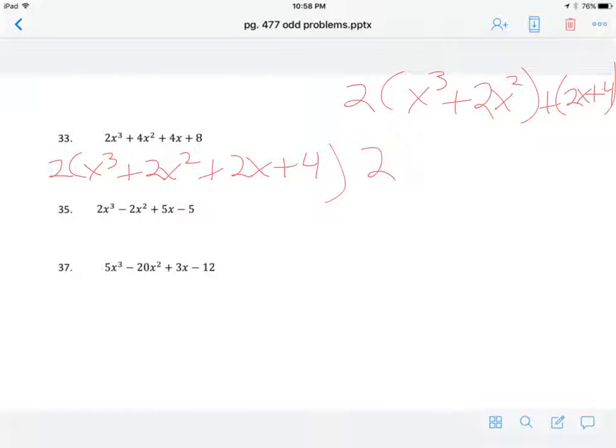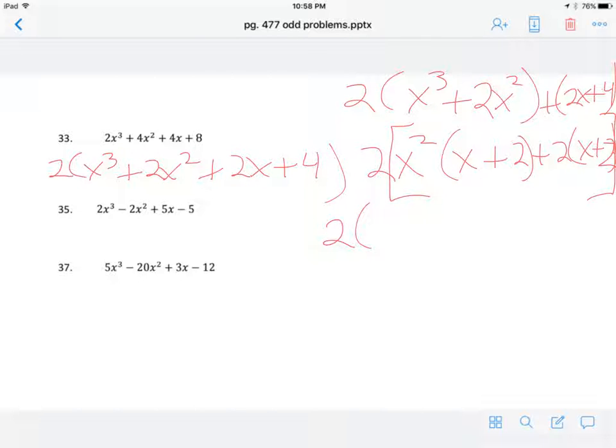Alright, and right here, 2x squared times x plus 2. Okay, and this one is out front. This one out here, well, that's what we factored out initially. Okay, then we go x plus 2 times x squared plus 2.